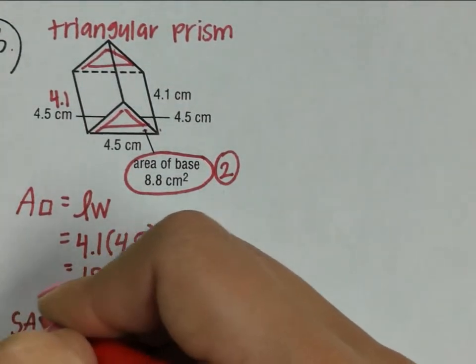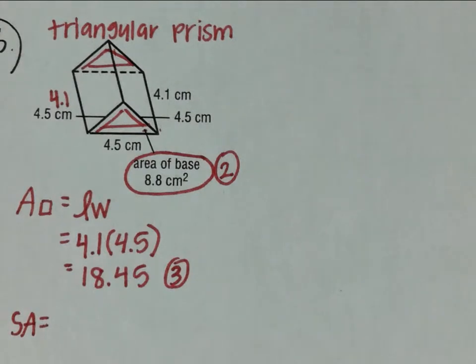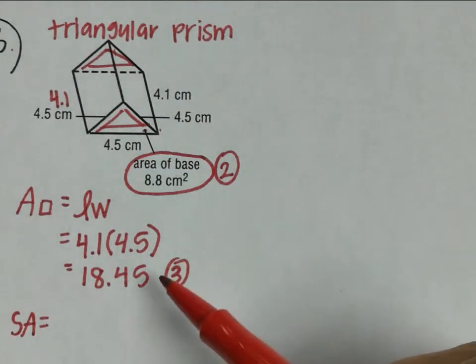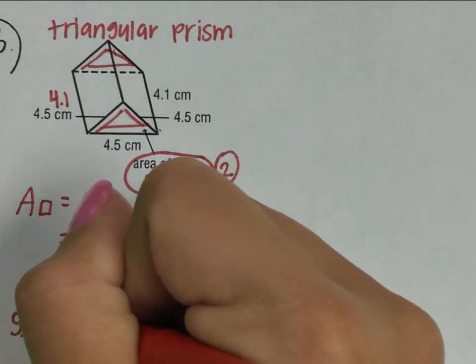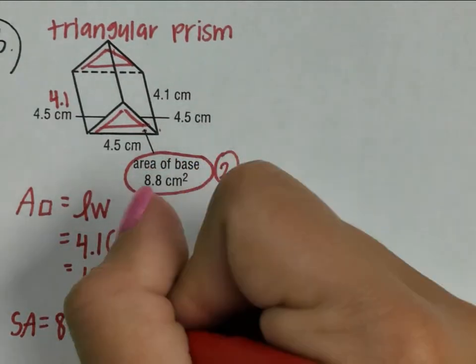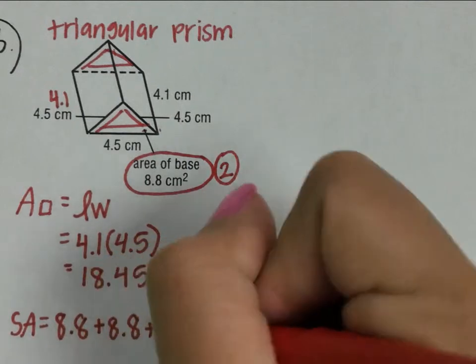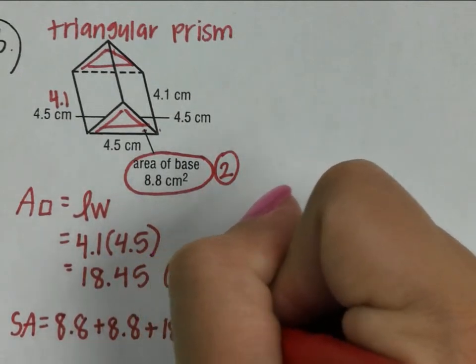So now if I need to find the surface area, that means I'm adding my triangle twice and my rectangle 3 times. So I've got 8.8 plus 8.8 plus 18.45.